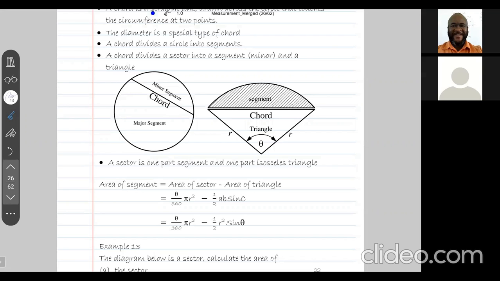What I would say to you is try not to remember this as a formula, just try and remember this: the area of a segment is the area of the sector minus the area of the triangle. And this is because the sector is 1 part segment and 1 part isosceles triangle.